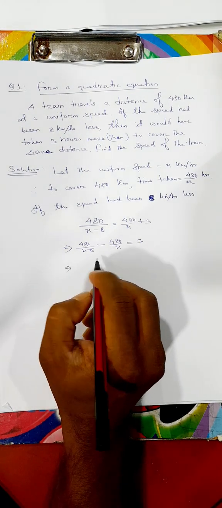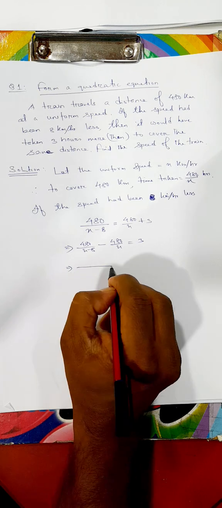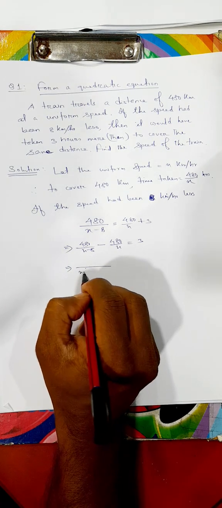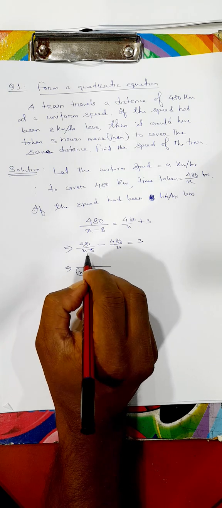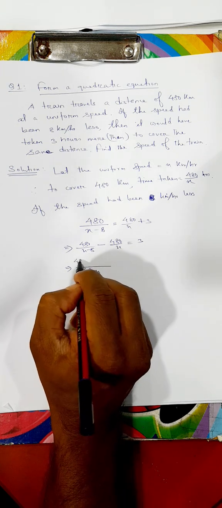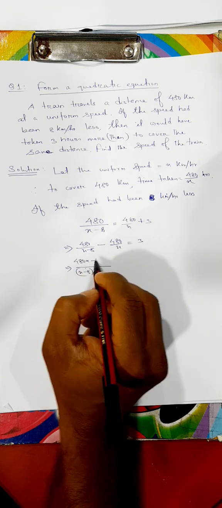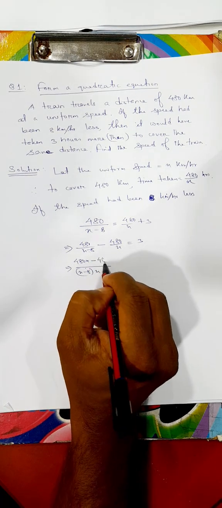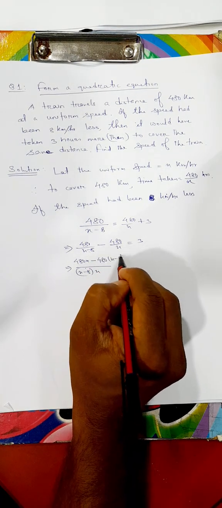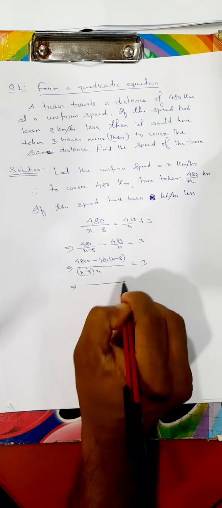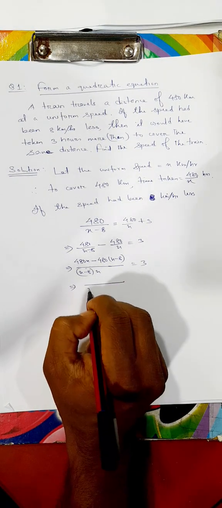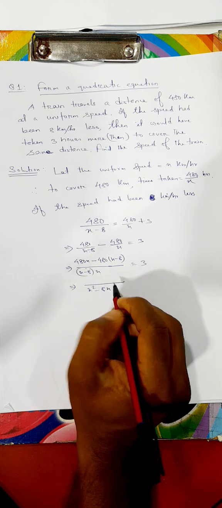So let's simplify this. Take the LCM, x minus 8 into x. This into this, 480x, minus this into this, 480 into x minus 8, equal to 3. So this denominator becomes x square minus 8x.